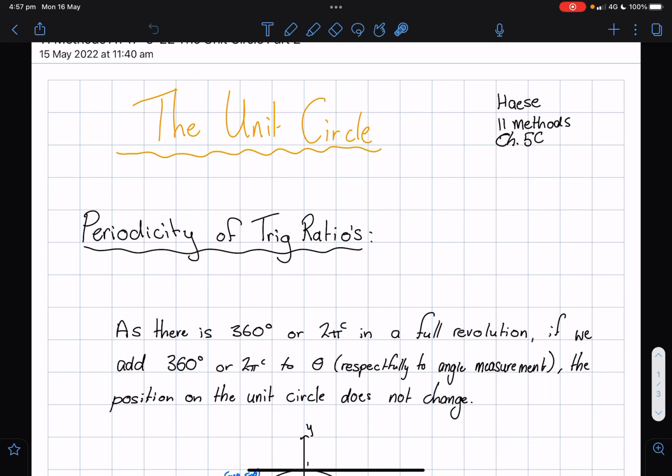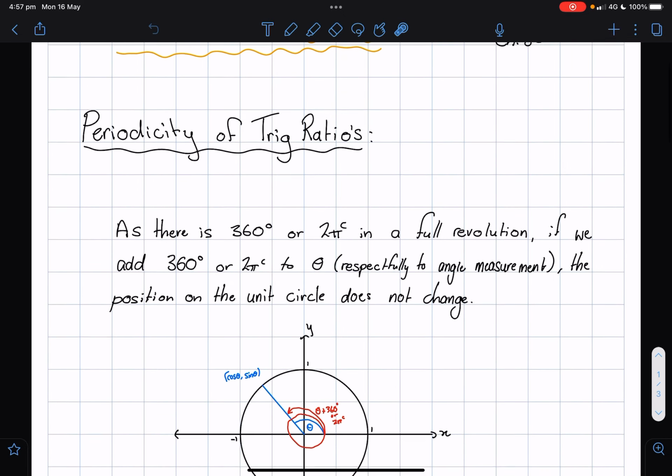As there's 360 degrees or 2 pi radians in a full revolution, if we add 360 degrees or 2 pi radians to theta, respectively to angle measurements, so if we are in radians, we would add 2 pi, and if we're working in degrees, we'd add 360, the position on the unit circle does not change.